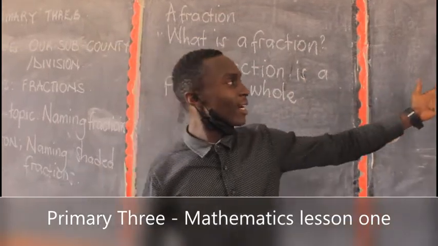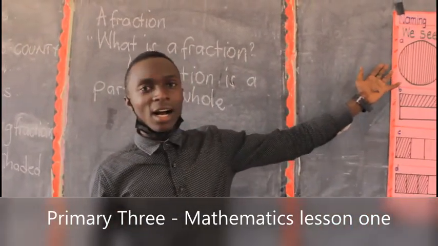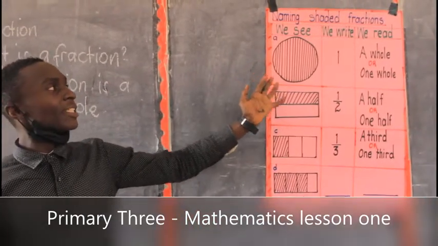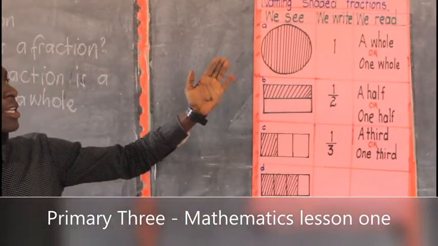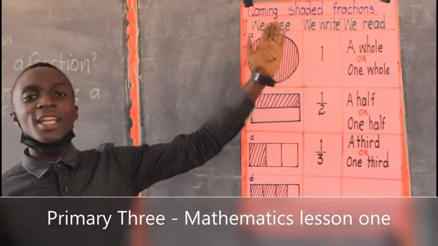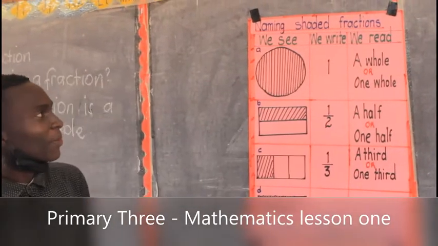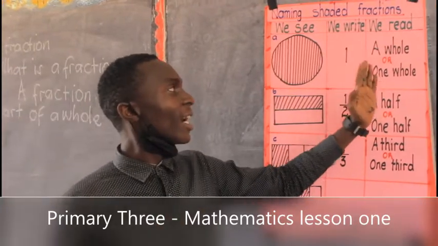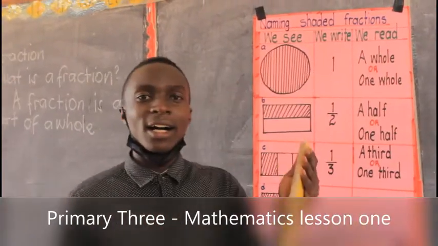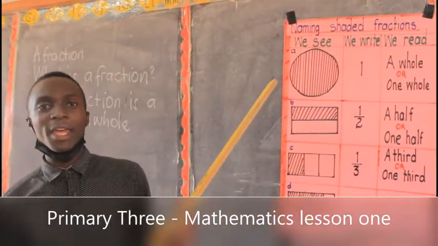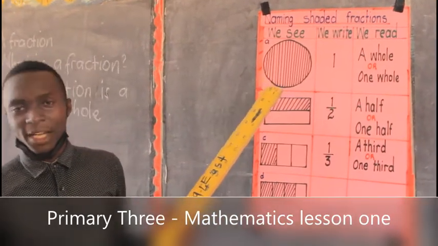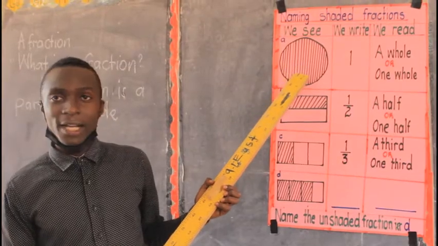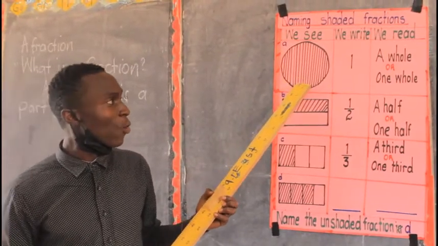So, my dear learners, let us see our chart here. We are going to name the shaded fraction, under the heading naming shaded fractions. This is what we see, this is what we write, and this is what we read. Here is a circle.